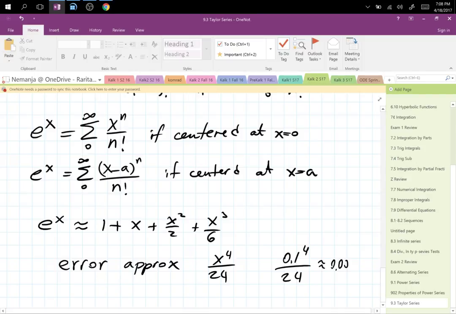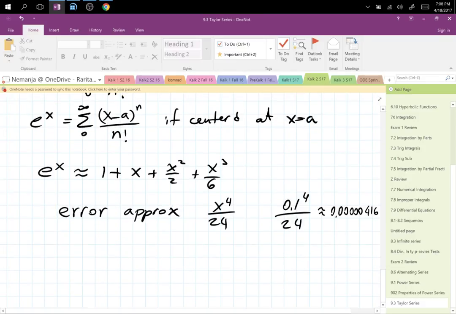0.1, 2, 3, 4, 5, and then 41, and then 6. Look at that. This means that the first 5 decimals are already correct, right? On the 5th term.